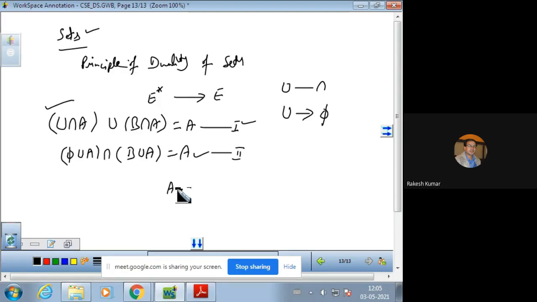In a similar way, we can find out the dual of (A intersection universal) intersection (phi union A complement) is equal to phi.